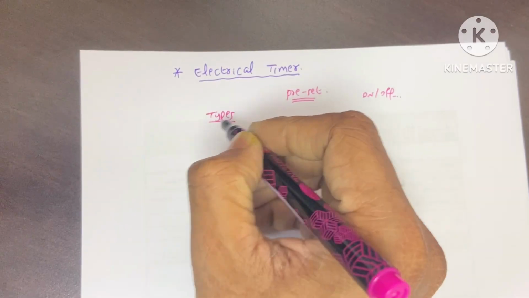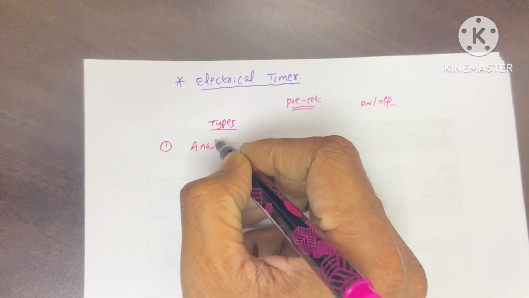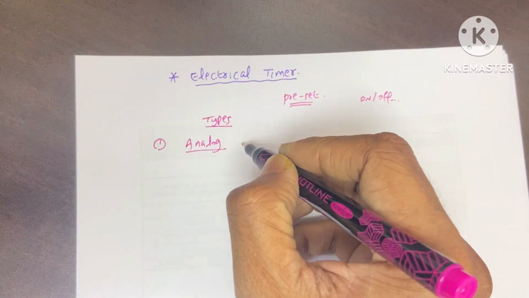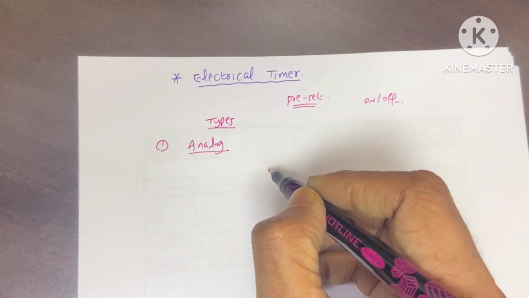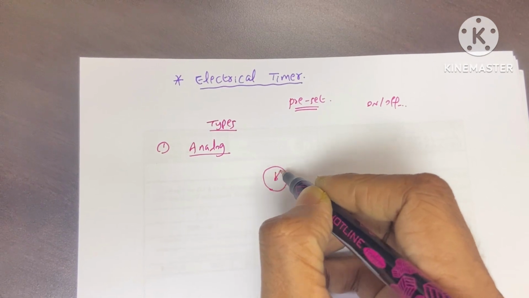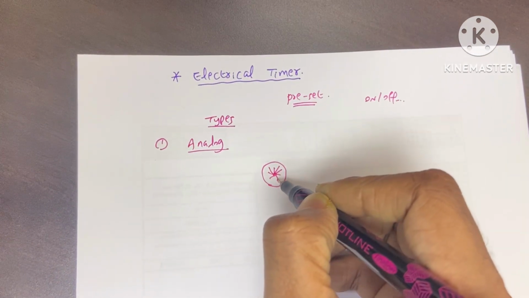in a week. The first type is the analog timer. We can also call it a mechanical timer. In this one, we can see a dial, and in the dial we can see pins pointing to different times.